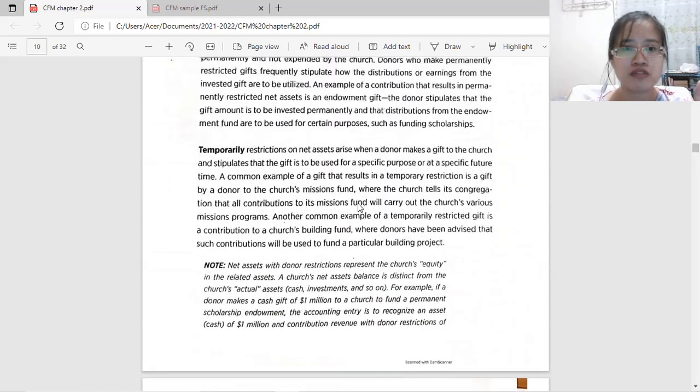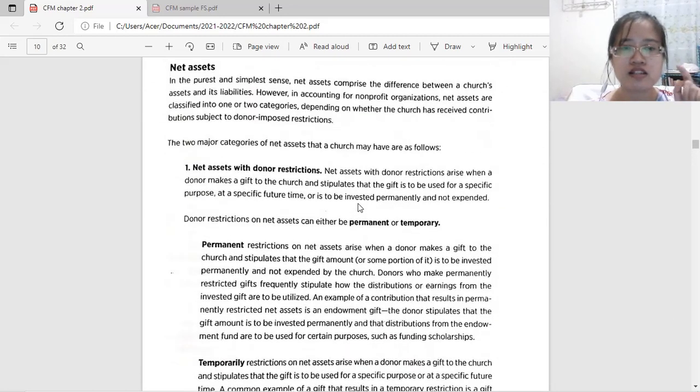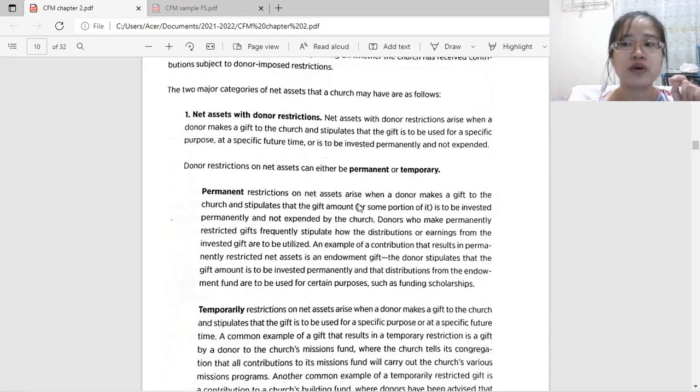But for the net assets with donor restriction, the giver, the donor, specifically stated the purpose for which the donation would be used. Under this, there are two types: permanently restricted and temporarily restricted.